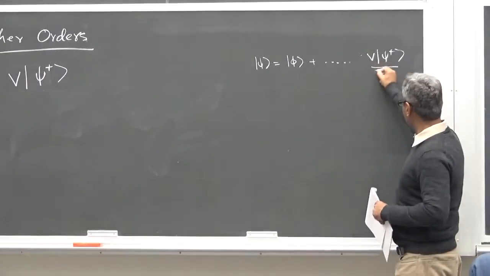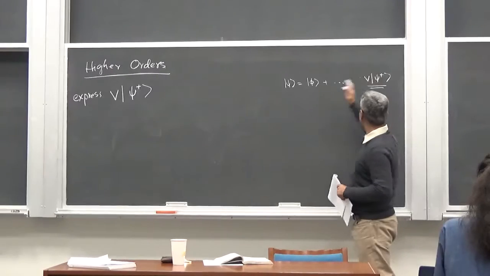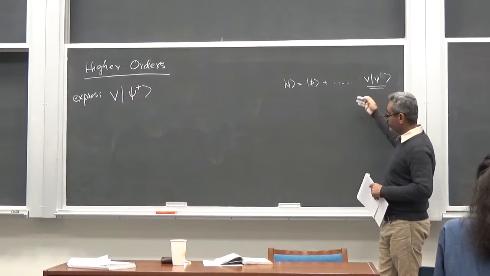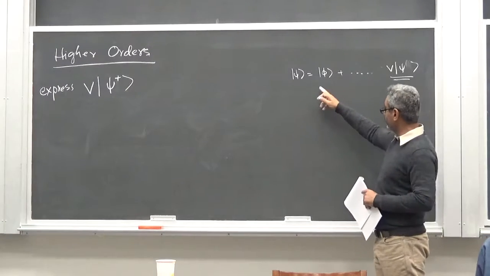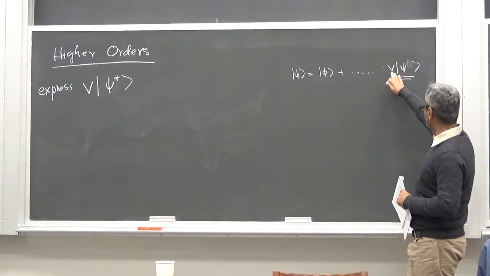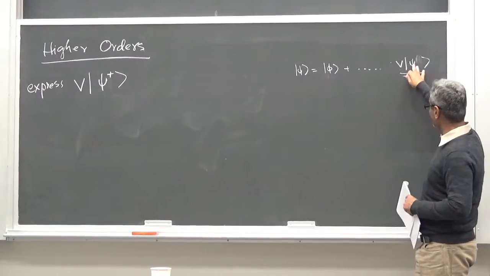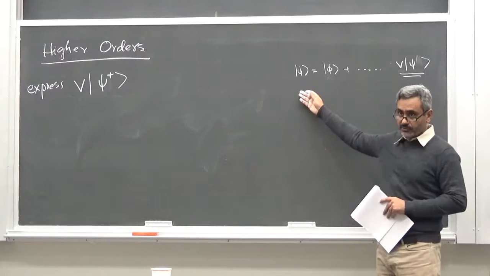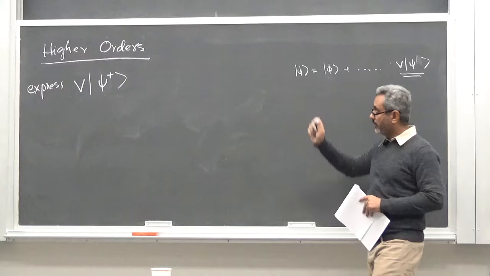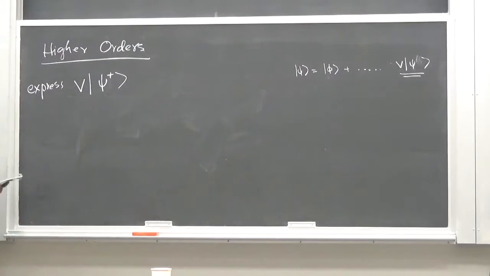So it was this term that was problematic, because we were writing psi in terms of psi, so we don't know how to do it. So the way we did it was that in the zeroth order approximation, you put V equal to 0, psi equal to phi, then you take this, you put it back in here, whatever psi you get in the next stage, you put it back and get the next order psi.